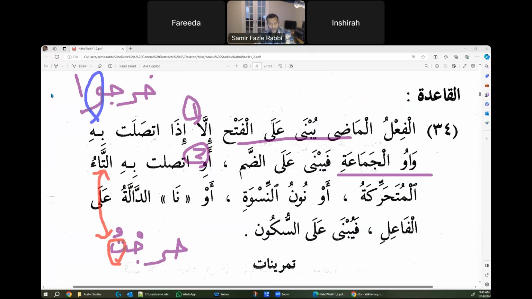And then, or the nun and niswa. So back to here, number 3, the nun and niswa. You don't have to memorize these things. We just have to know what they are, or be familiar with them. The nun and niswa is like kharajna.